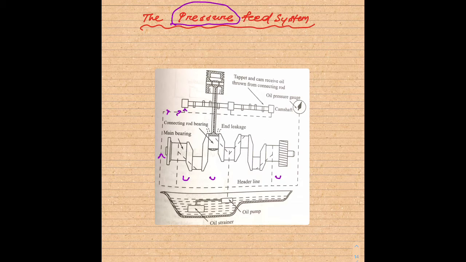Then it will go to the oil recesses for different parts of the engine. Here we can lubricate all tappets and the valve operating mechanism also. This is the oil pressure gauge to indicate how much pressure we are building up inside the engine. So this does not have any splash system, only pressure feed system.